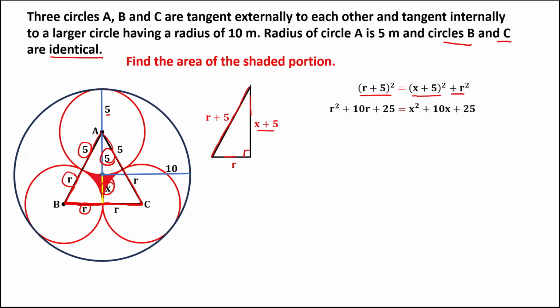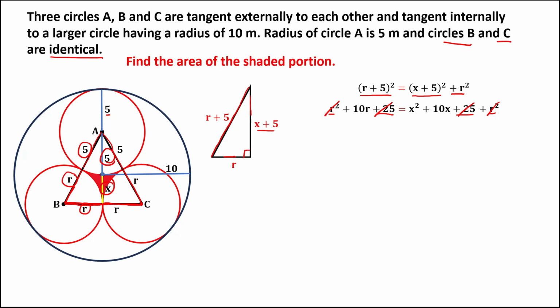Then bring down this r squared. Since on this side we have this positive r squared, this is also positive r squared, so this one is equal to 0. Then also positive 25, positive 25, this one is also equal to 0.